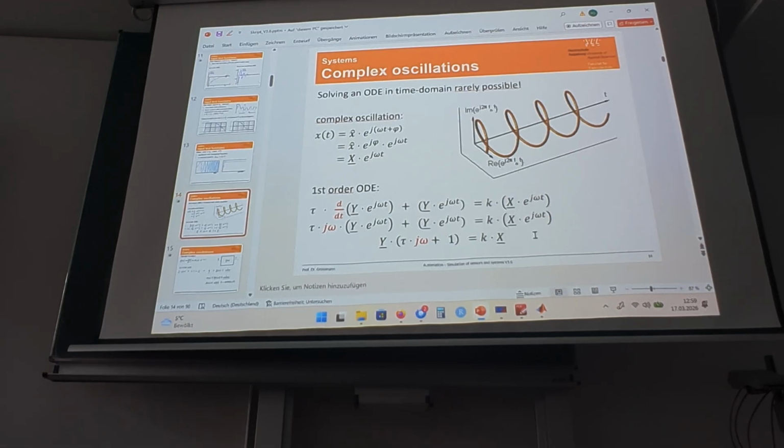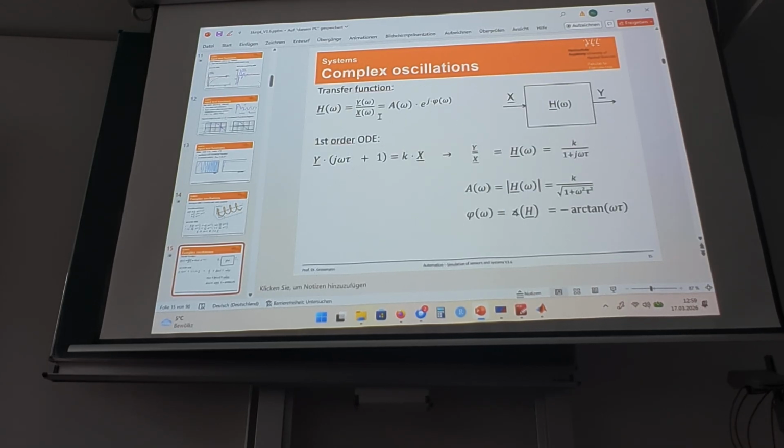And we can even build a ratio between output and input amplitude. So, and this is normally a complex number. There's a real part and an imaginary part, or it has a radius and a phase angle. And in this case, this ratio is called the transfer function.